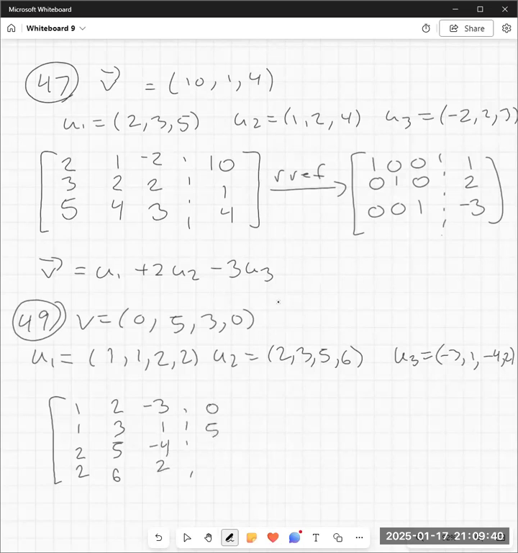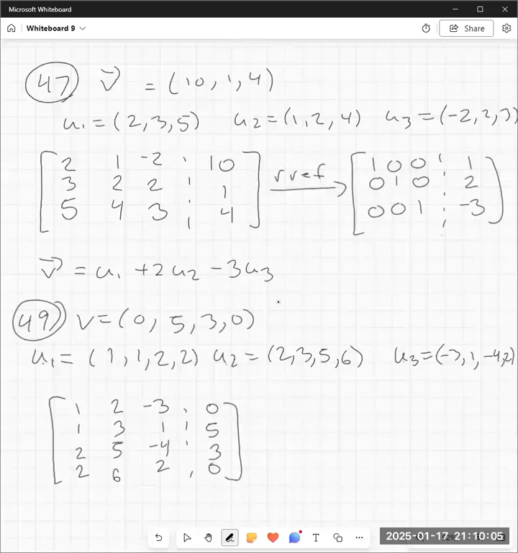0, 5, 3, 0. This already looks off to me because I should have as many u's as I have dimensions. When I had 3 dimensions here, 1, 2, 3, I had 1, 2, 3, but I have 1, 2, 3, 4, and only 1, 2, 3 vectors to make it up.